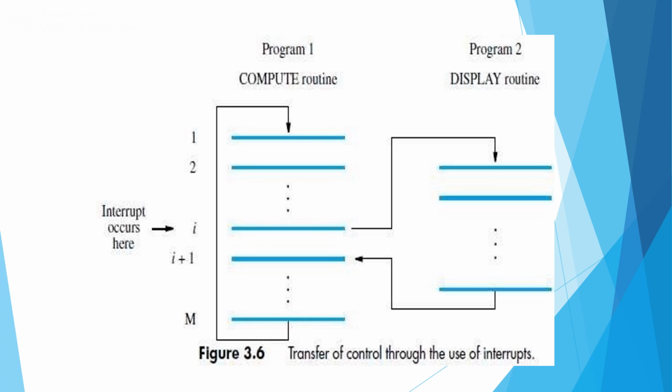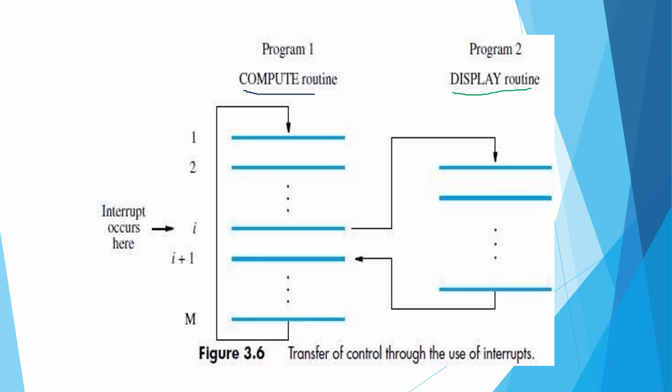So now the transfer of control through the use of interrupts. We consider two routines, the compute routine as well as the print or display routine. As per the previous scheme, the compute routine repeats the action of sending one line of text to the printer, and waiting for it to get printed by the print routine, till all the lines are printed.